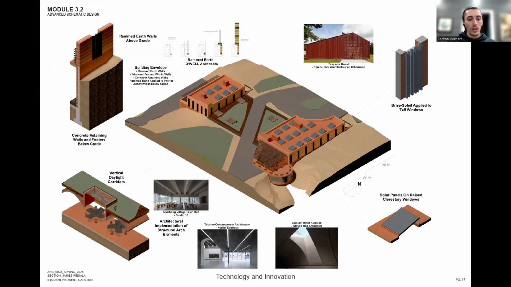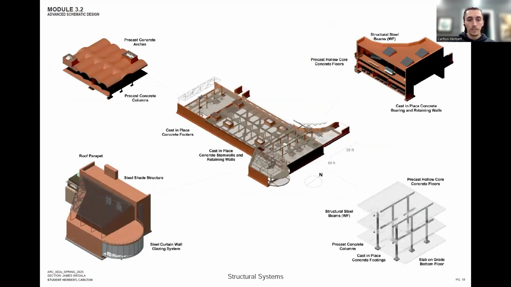Some of the innovations and technology integrated here, you can see the concrete arches that support that main underground structure, as well as the system of rammed earth on top of concrete walls, and some solar panels that are raised on some clerestory windows, and then shade structures applied to some tall windows as well.